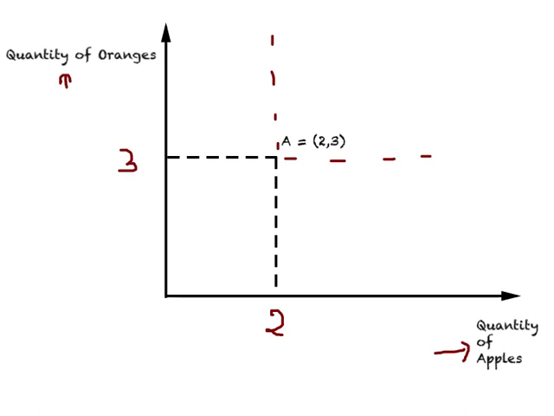Now let us look at a commodity bundle like B. And what is B?